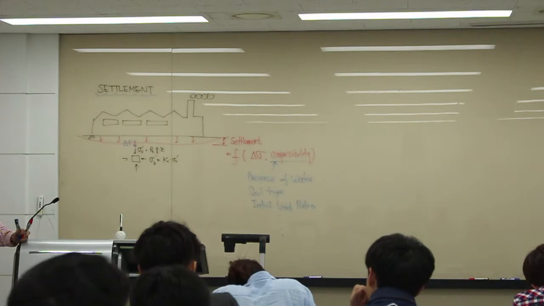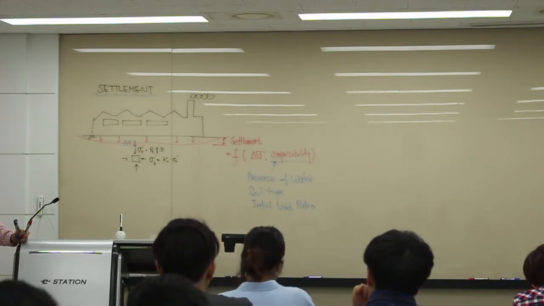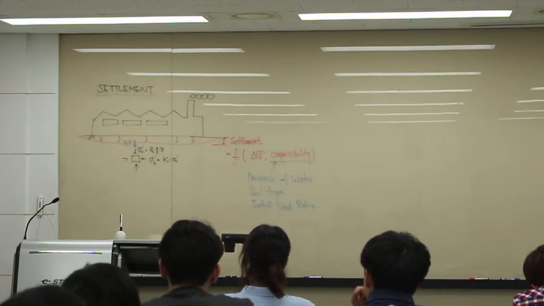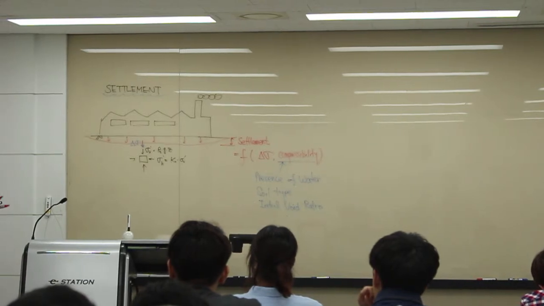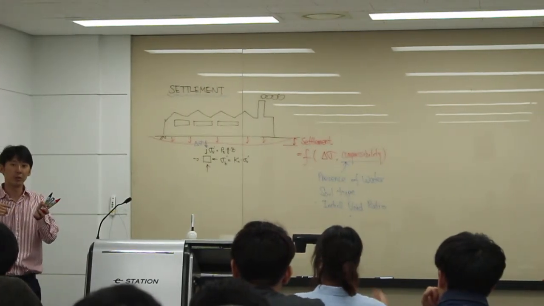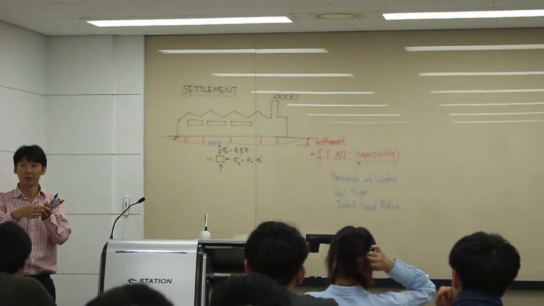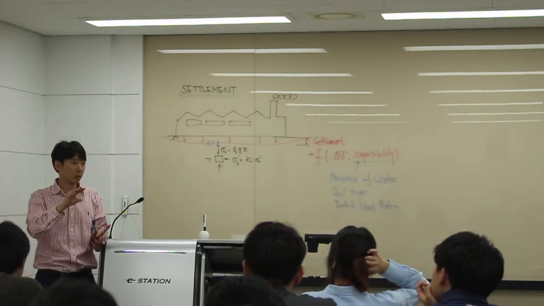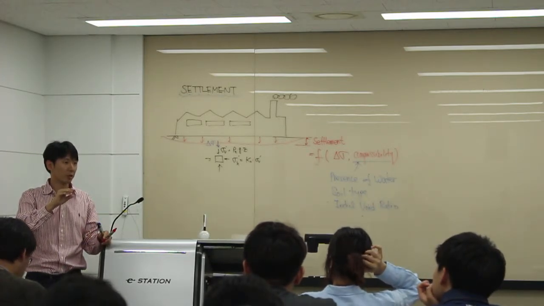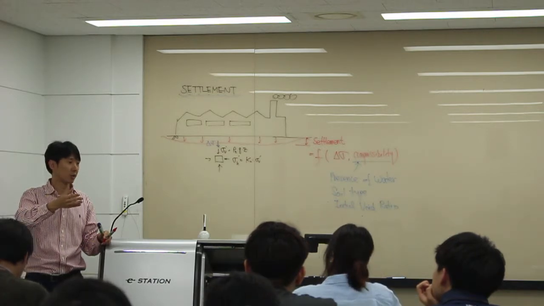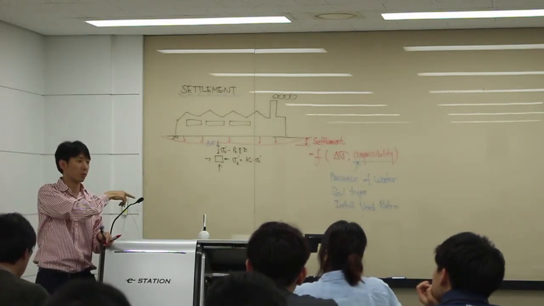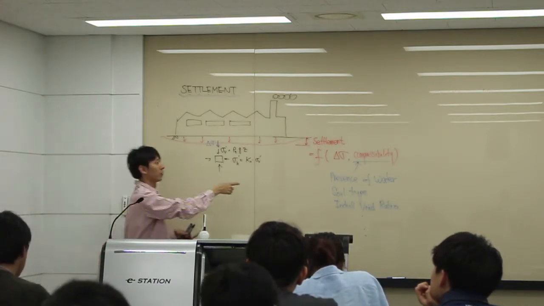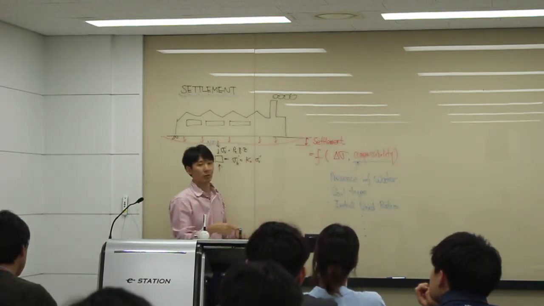Let's remember that when we did the Atterberg limit test, we had the same soil, and when we add a little bit of water, it becomes plastic. And when you increase the amount of water you're adding, so it approaches the liquid state, then the soil becomes softer, right? Much softer. So that's going to give you higher compressibility compared to the case when you have lower water content. Right? So the presence of water will affect this parameter, compressibility.